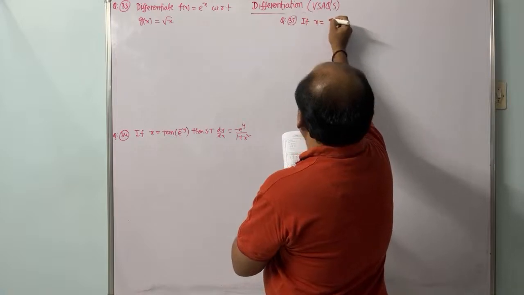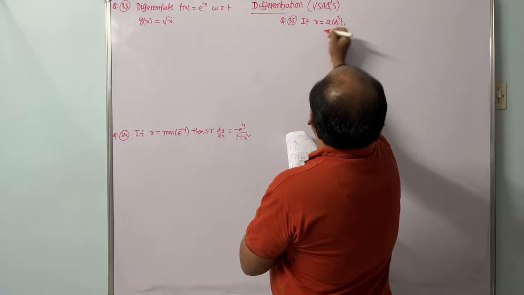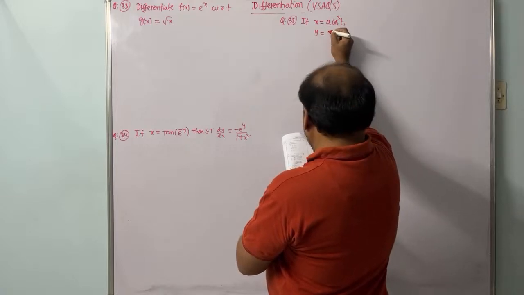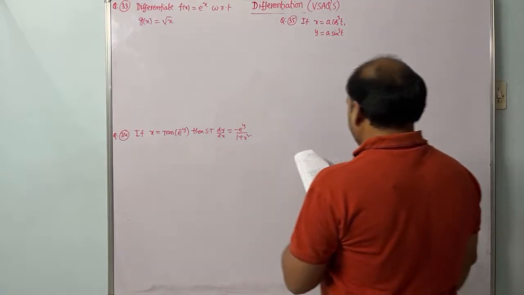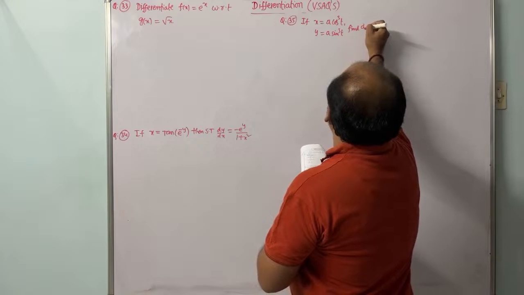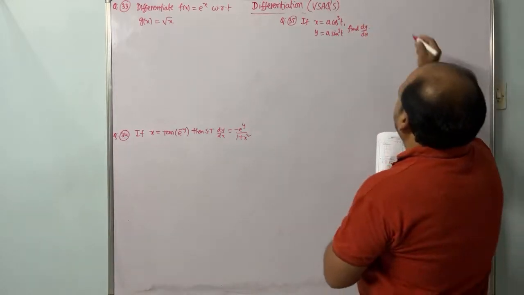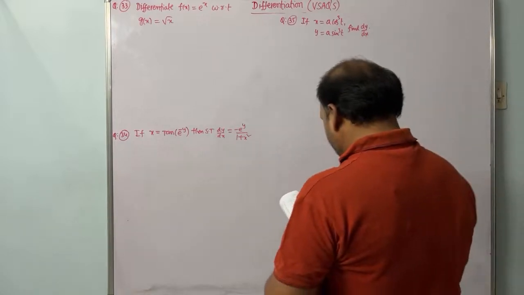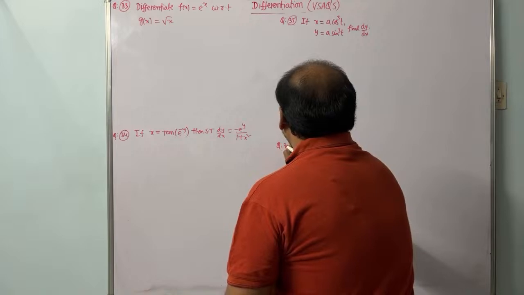If x equal to a cos cube t, y is equal to a sin cube t, find dy by dx. Next, after finding this one, question number 36.